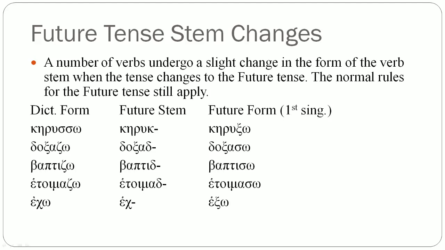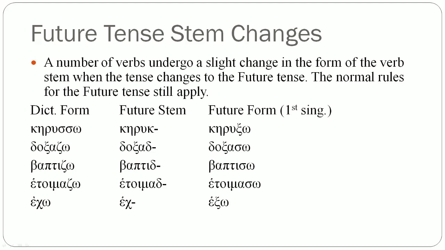And again, as we had with the previous two verbs, the zeta changes to a delta in the future: hetoimad. And so then when we make the actual future form, we're going to drop off the delta, and you're left with hetoimaso. Hetoimazo with a zeta is I prepare, present tense. Hetoimaso with a sigma is I will prepare, future tense.